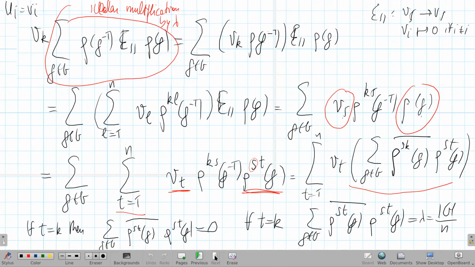And now we are ready to introduce one of the main, allow me a silly joke, characters of this course. That is, characters, okay? These are, as I said, a very important tool because they represent a very economical way of describing a representation. The idea is the following definition.